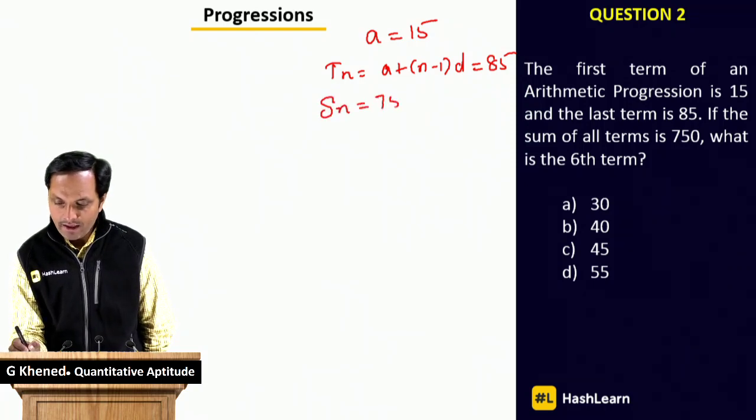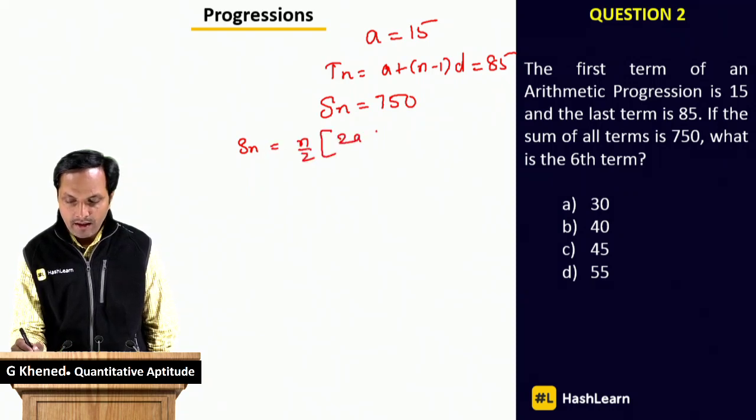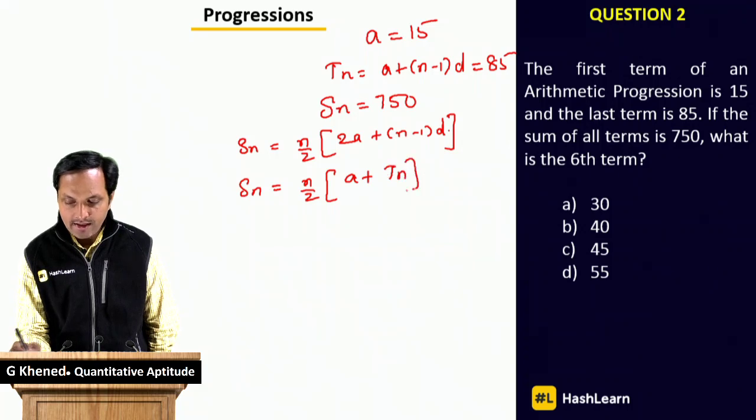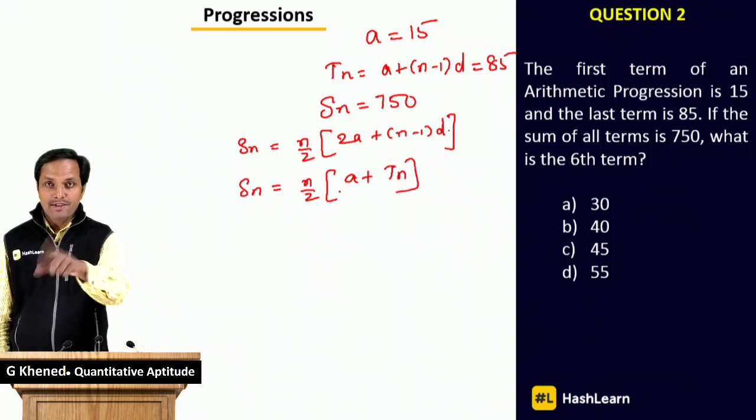Sn is n divided by 2 into 2a plus n minus 1 into D, and also n by 2 into a plus Tn.